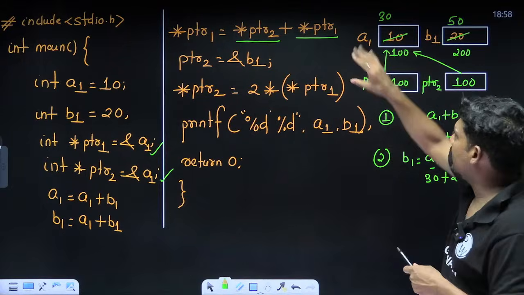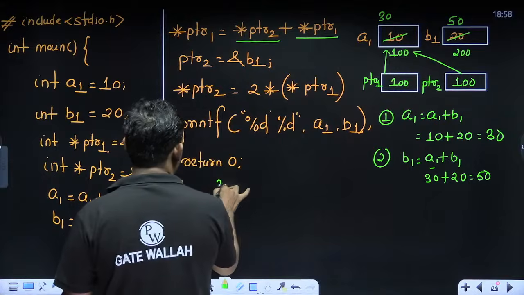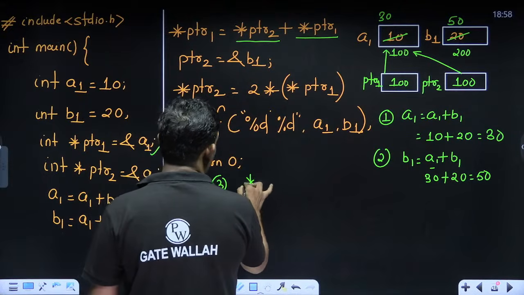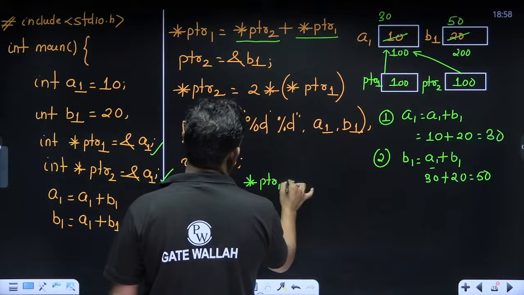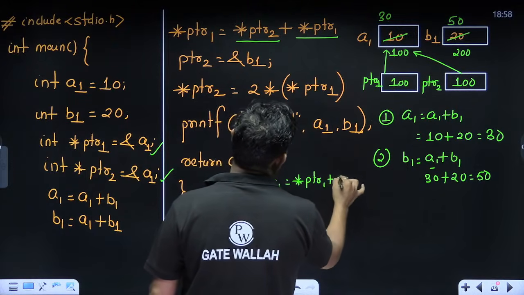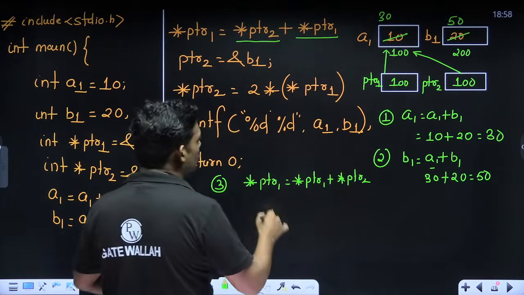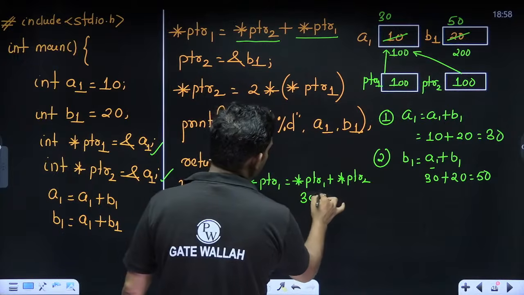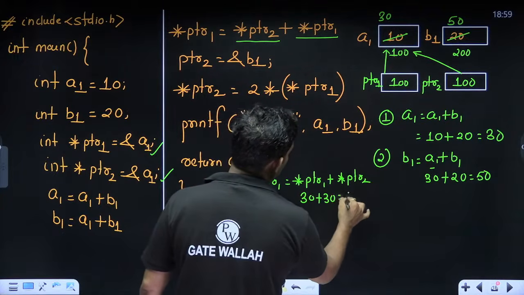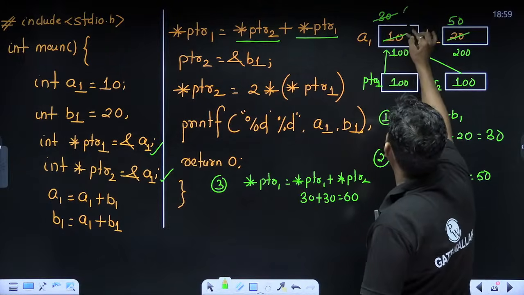So both values are 30. Let me write the third statement, so it will be very clear to you. Dereference PTR1 to be updated with dereference PTR1 plus dereference PTR2. Both are pointing to the location which is this, so 30 plus 30 and that is equal to 60. Okay. So this value is updated to 60.